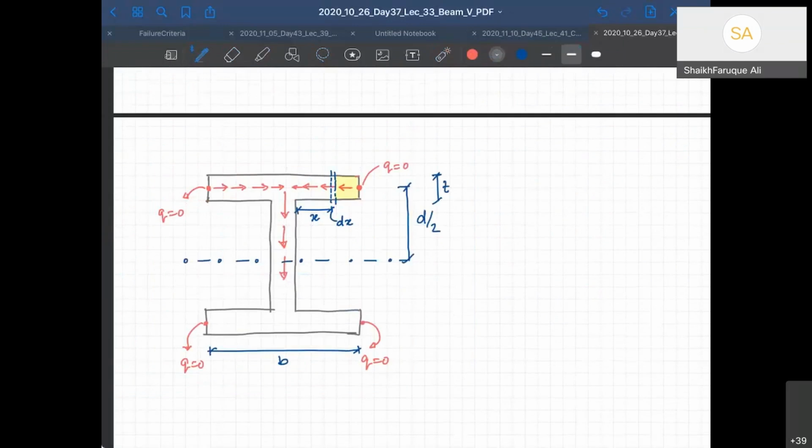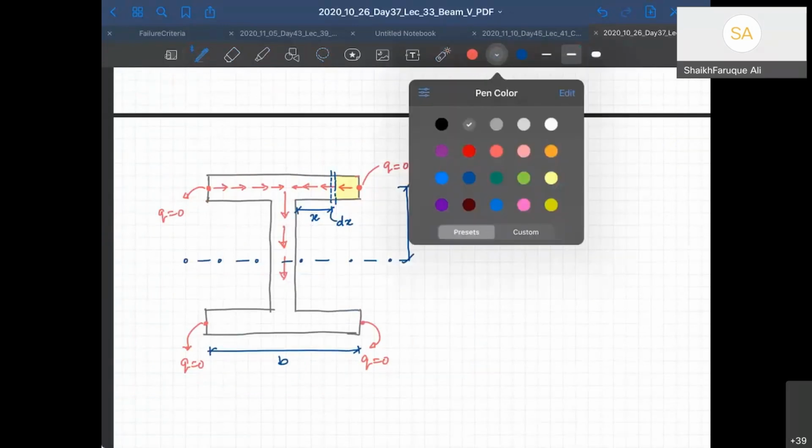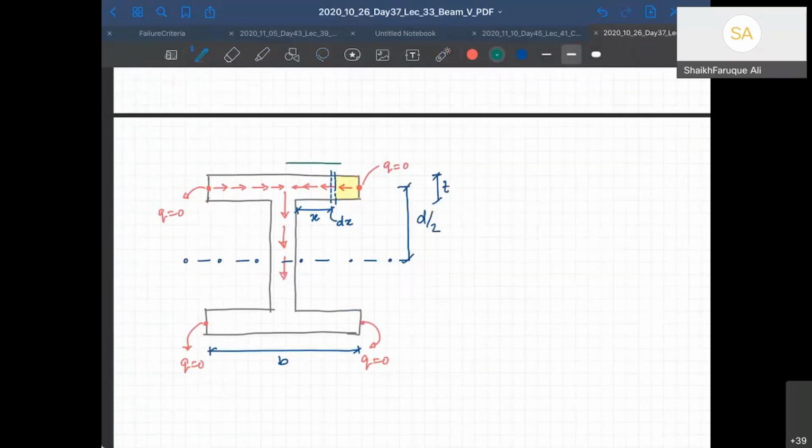So let me put a different color here. It's going to vary linearly like this. It is 0 at this point and it should be linearly maximum here. So it goes like this. And similarly here also, but here it will be in the opposite direction. In this section, it is going to be opposite to it, so it's going to be like that.